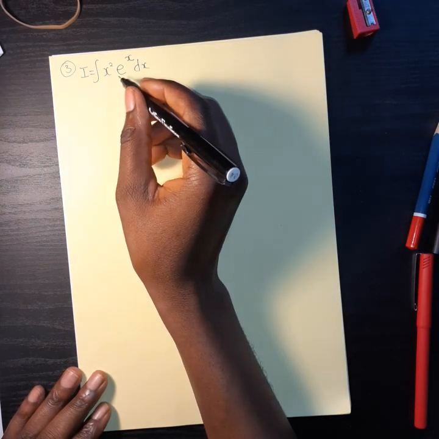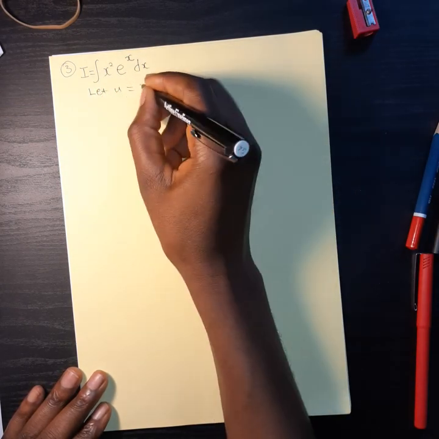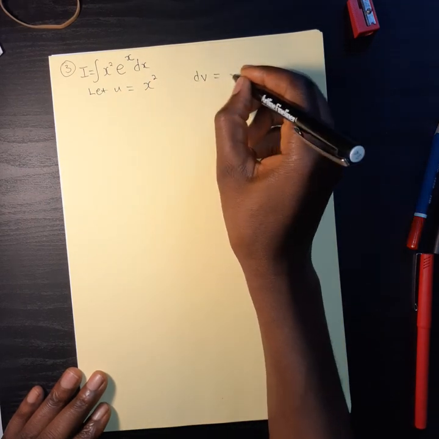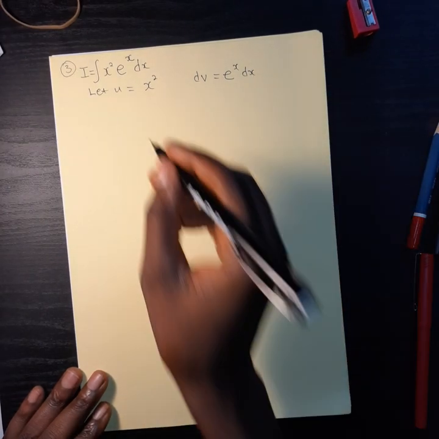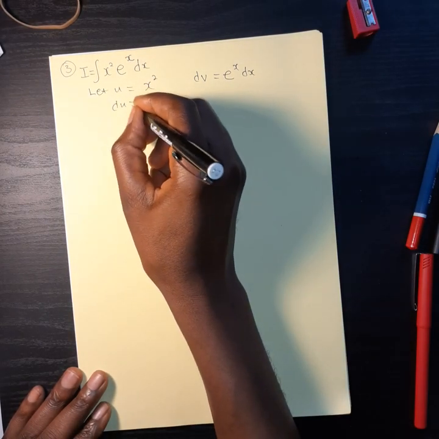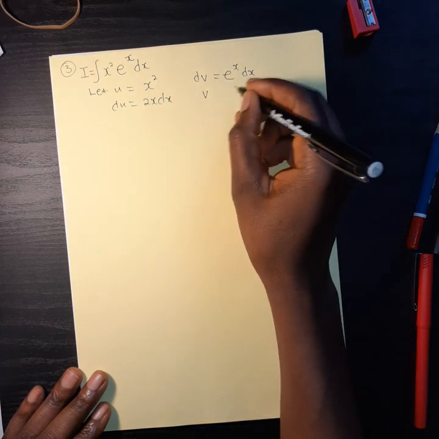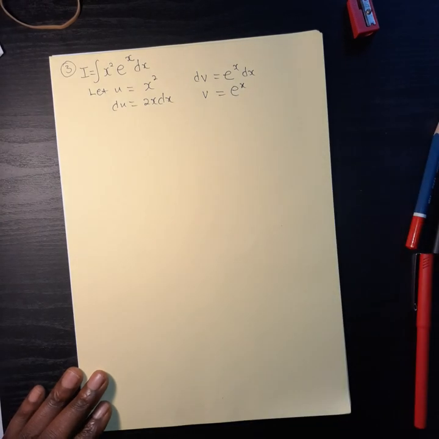So in this case, we will let u be x squared. Then the remaining part dv will be e to the power of x dx. U, we differentiate: du equal to 2x dx. V, we integrate: v equal to e to the power of x, that beautiful function.